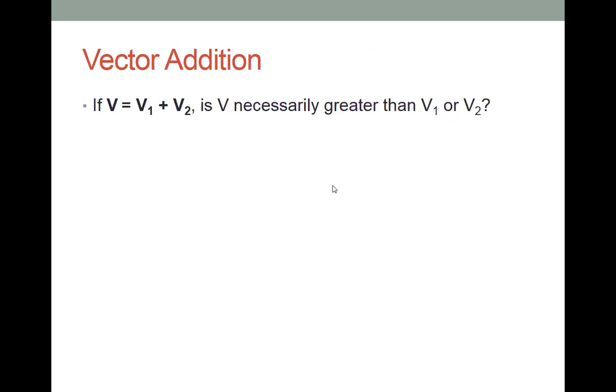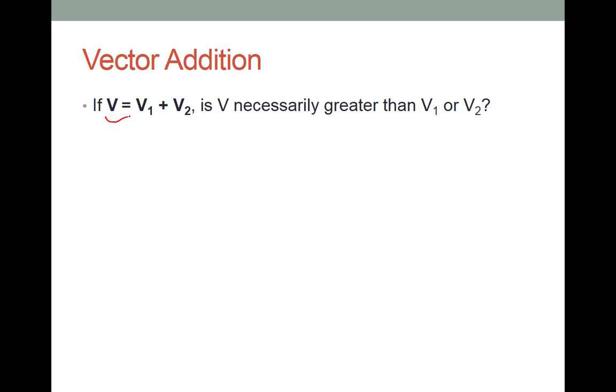Okay. So, with this knowledge of vector addition that we now have, if I have a vector v, which is the sum of 2 other vectors, v1 plus v2, does v necessarily have to be greater than v1 or v2? Okay, so one thing to notice.